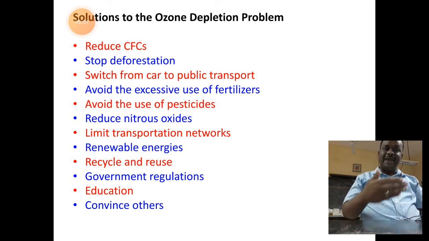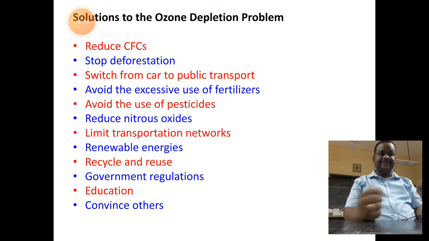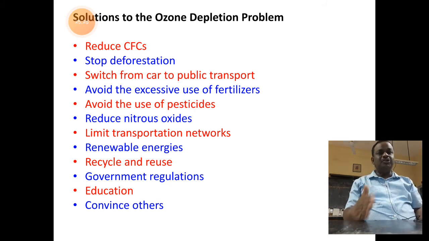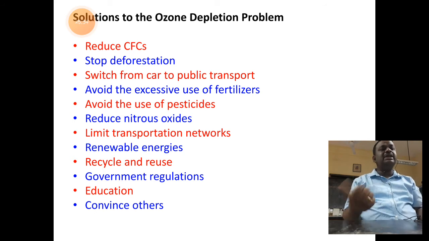CFCs are used in many industries in the production of products like refrigerators, air conditioners, aerosols, sprays, etc. So, the reduction in their usage will definitely reduce the production of CFCs also. So, when we reduce refrigerator usage, the production of CFCs and their addition to the environment will also be reduced. Thus, we can easily protect the ozone layer.